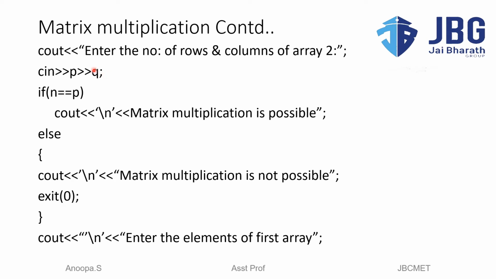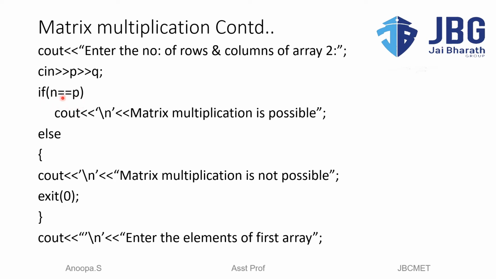Now the important part here is, in order to perform the matrix multiplication, the number of columns in matrix 1 should be equal to the number of rows in matrix 2. Okay, number of columns in matrix 1 should be equal to number of rows in matrix 2. So we will perform a check here.